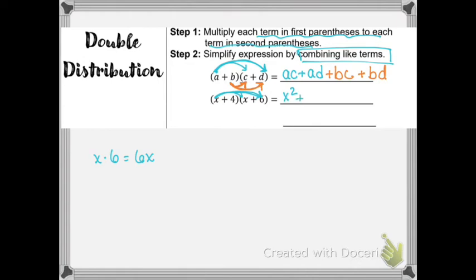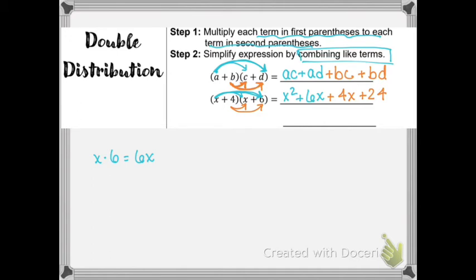So plus 6x. Let's switch to orange. I'm going to now distribute the 4. So everything in that first parentheses gets passed out or distributed to the stuff in the second parentheses. So distributing the 4, we're going to get plus 4x, and then 4 times 6 is 24.